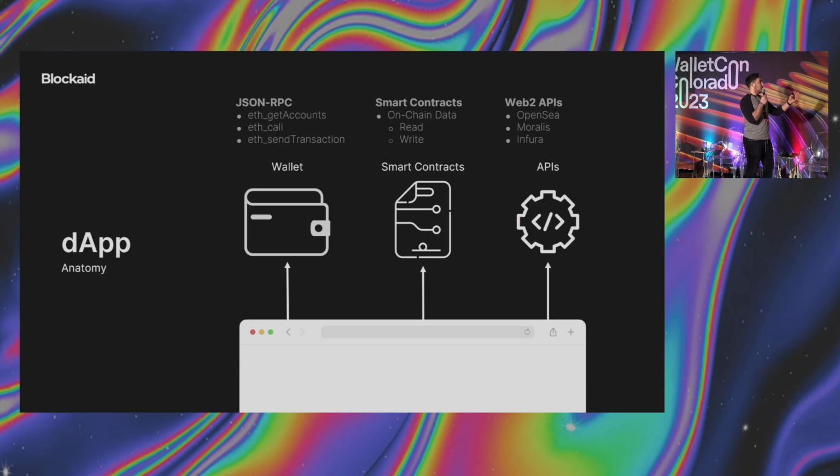And then you have Web2 APIs, or Web2 for Web3 APIs, for example the OpenSea API, Moralis API, or node APIs. These are all used for similar purposes for the wallets. They can't sign actual transactions, but understanding which NFTs a user holds, for example, can be a bit complicated with eth calls, so using the OpenSea API for this is okay, and using Moralis for enumeration of ERC20 tokens, etc.